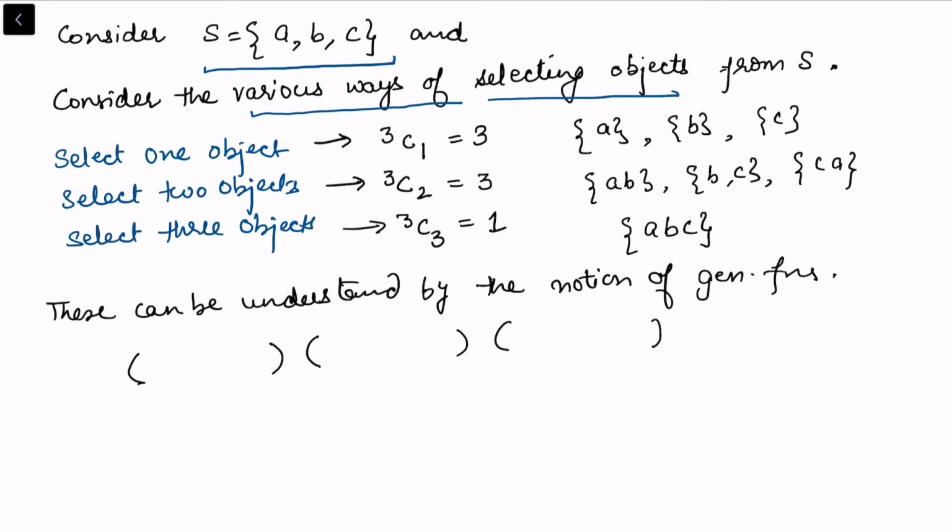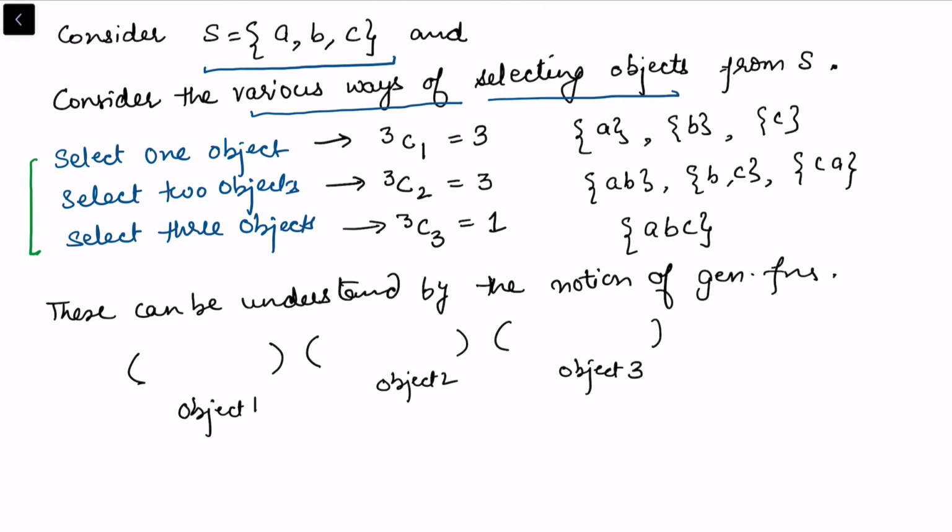Basically I am creating products based on the objects: this is for object 1, this is for object 2, and this is for object 3. It is possible that we may select one of the objects, and we will handle all these things together in the generating function. That is the beauty of the generating function.